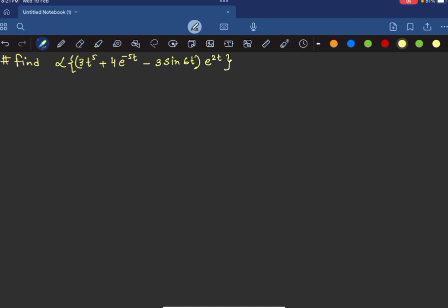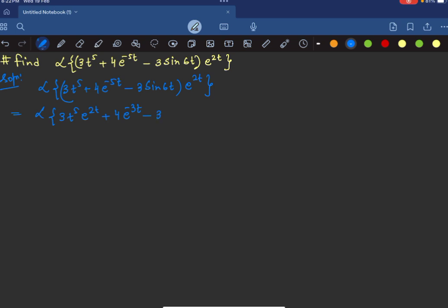This is the question. I'm just giving you the hints for this solution. The Laplace transform of 3t power 5 e power 2t plus 4 e power minus 3t minus 3 e power 2t sine 6t.